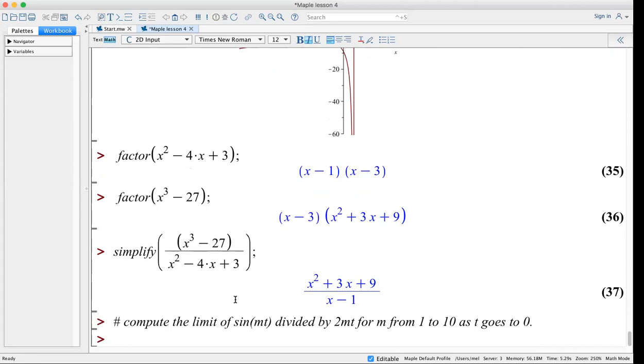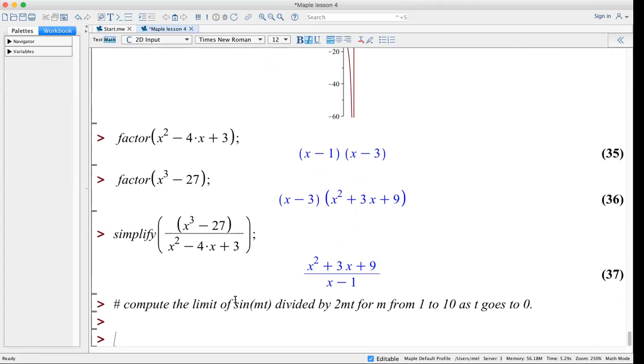So what we're trying to get is the limit of sine of 2m times t divided by m times t as t goes to 0.